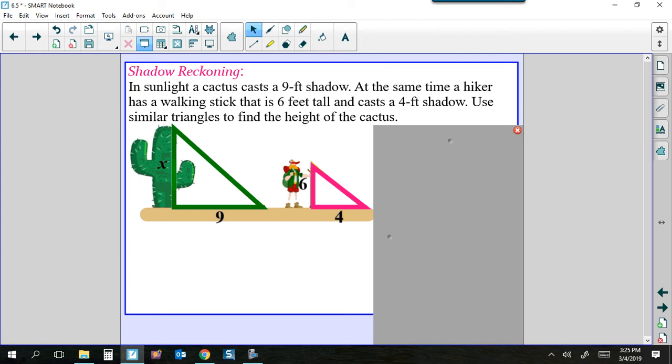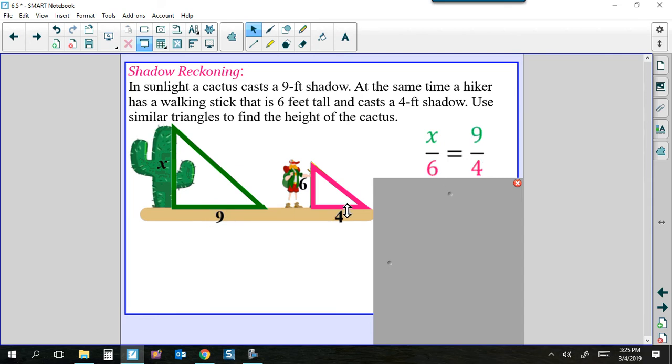So we're going to go ahead and set up the same way as I did with the streetlight problem. I'm going to do our big triangle on top, our little triangle on bottom. My first ratio is going to be height, and my second ratio is going to be shadow again. So my two heights are going to be x and 6, and I did big over small. And then my second ratio is going to be shadows.